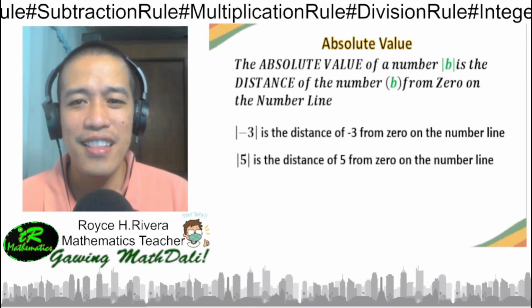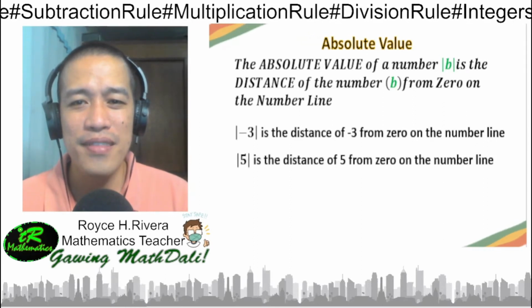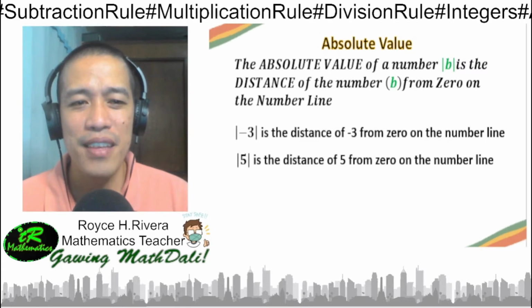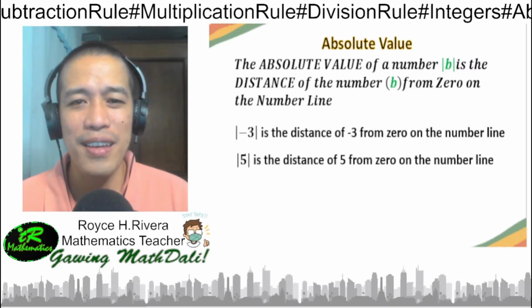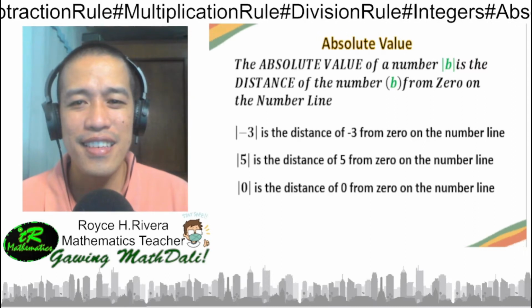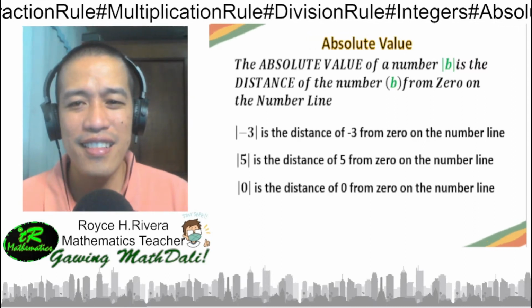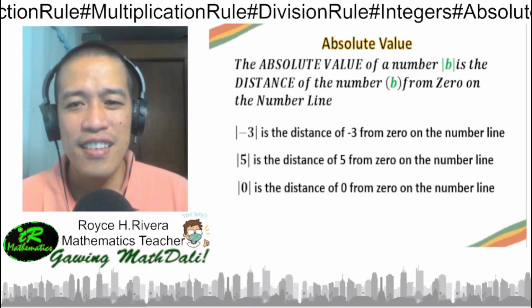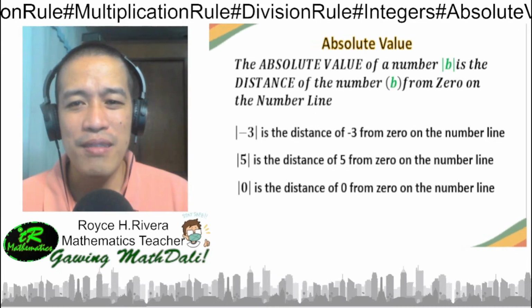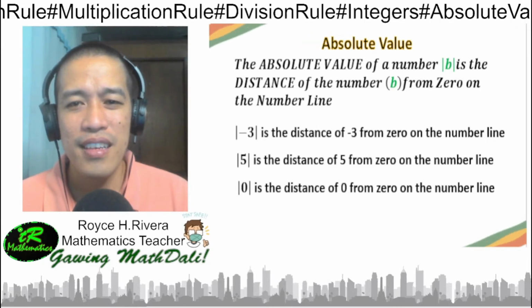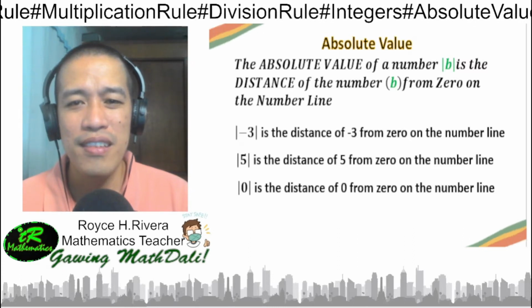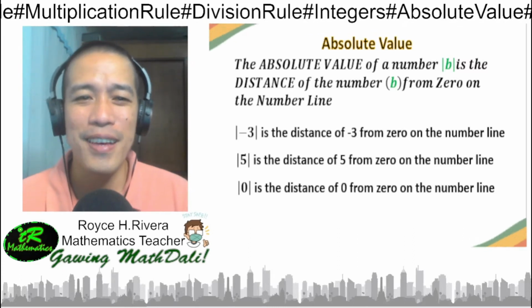Another, the absolute value of 5 is the distance of 5 from 0 on the number line. The third, the absolute value of 0 is the distance of 0 from 0 on the number line.